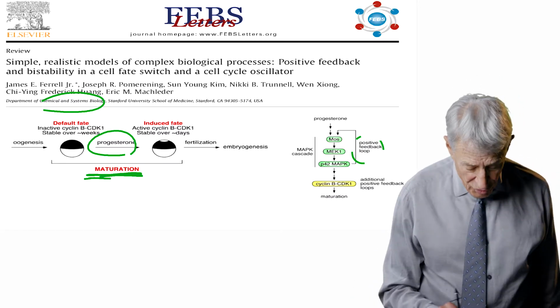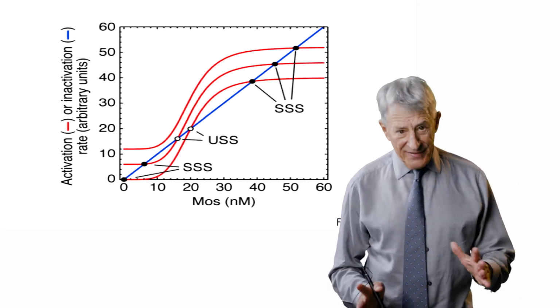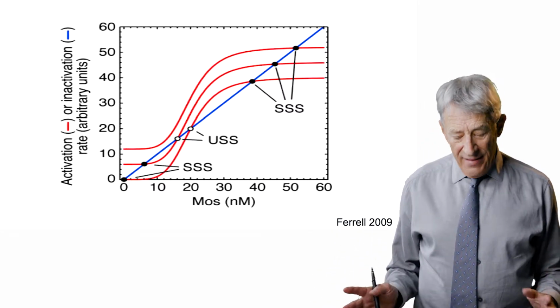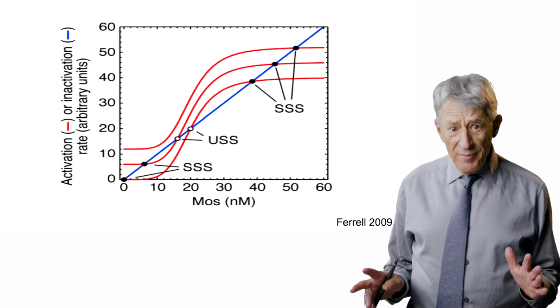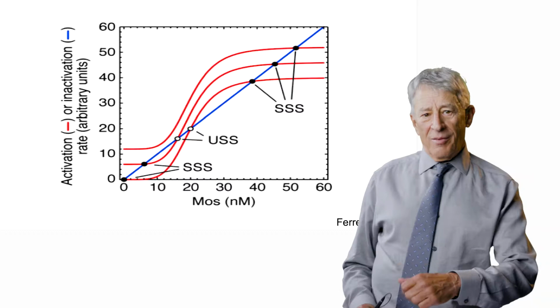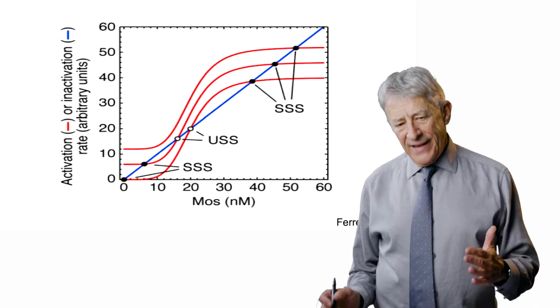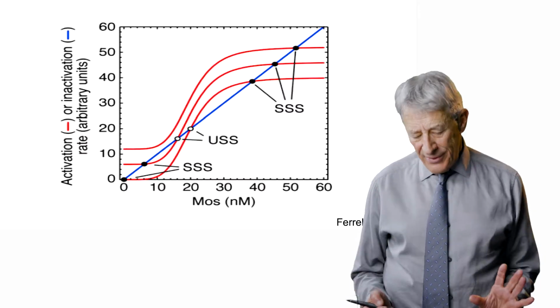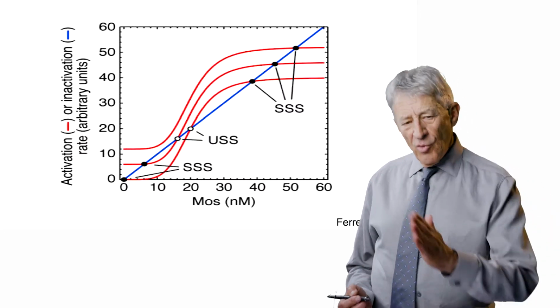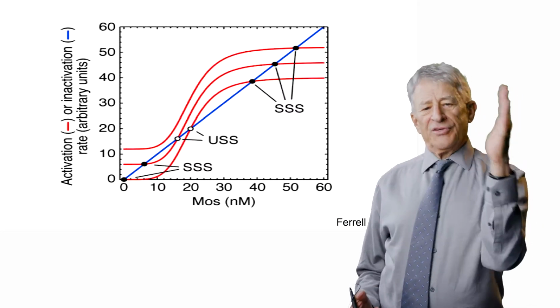And then he draws the diagram of the activation-inactivation, and this should look pretty familiar to you. The only difference between this diagram and our lac-operon diagram is that in our lac-operon diagram, the sigmoid was fixed and the straight line moved.